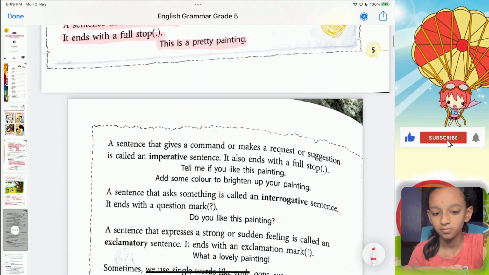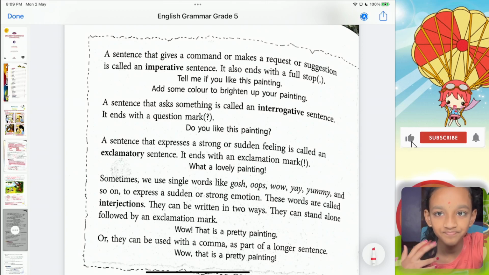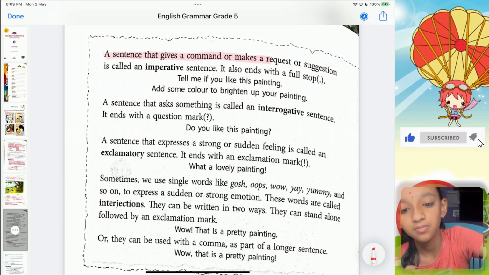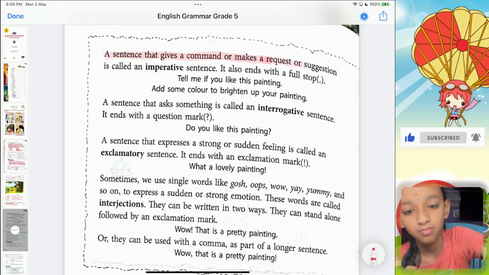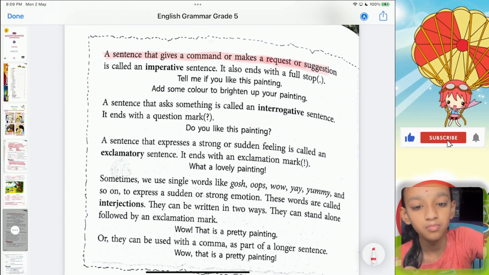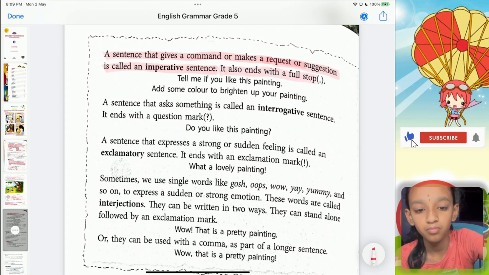Next one, a sentence that gives a command or makes a request or suggestion is called an imperative sentence. It also ends with a full stop.